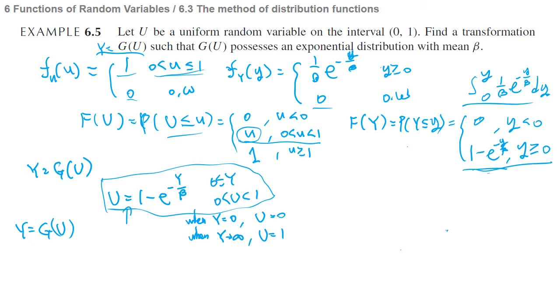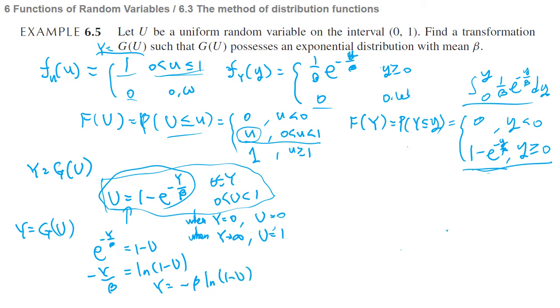From here, 1 minus u equals e to the minus y over beta, and ln of 1 minus u is minus y over beta, and so y is minus beta times ln of 1 minus u.